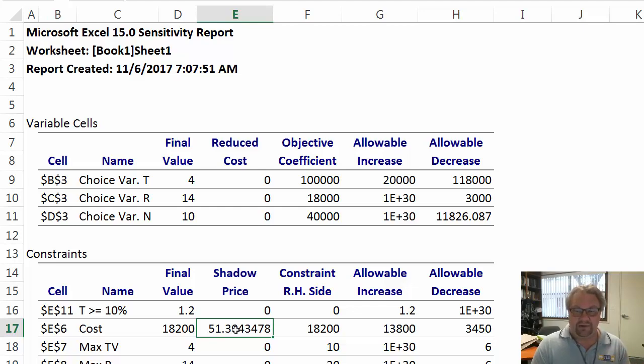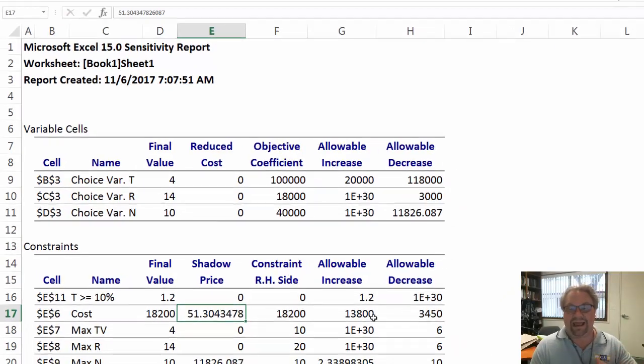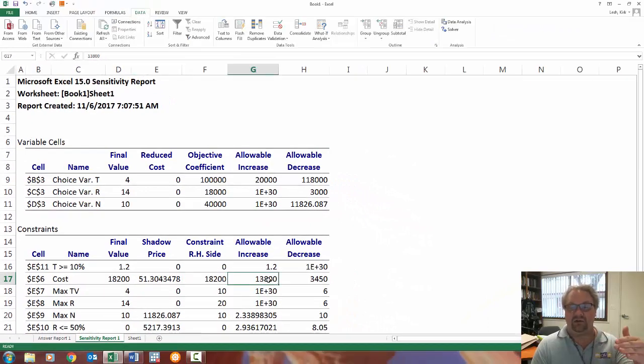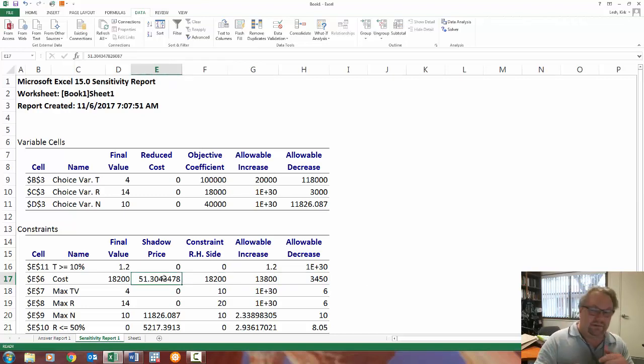This shadow price is valid if I add up to $13,800 to my budget, or reduce it by $3,450. So the $100 increase is within my allowable increase and decrease.